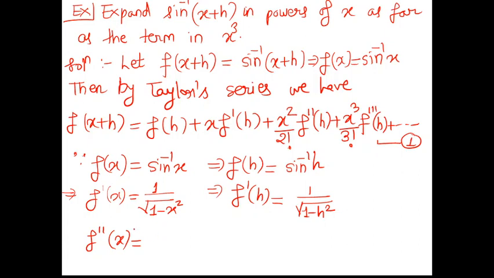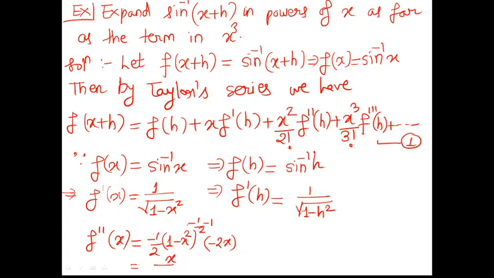You will get the derivative of 1 minus x square to the power minus half as minus half into 1 minus x square to the power minus half minus 1 into derivative of 1 minus x square, which is minus 2x. So 2 will get cancelled, minus minus plus, and this power will be minus 3 by 2.